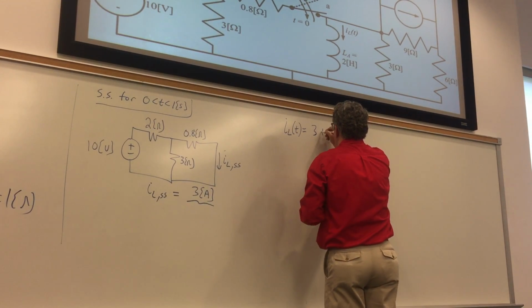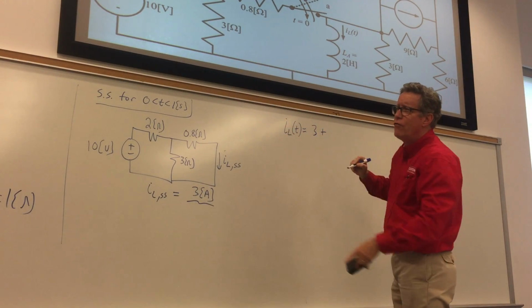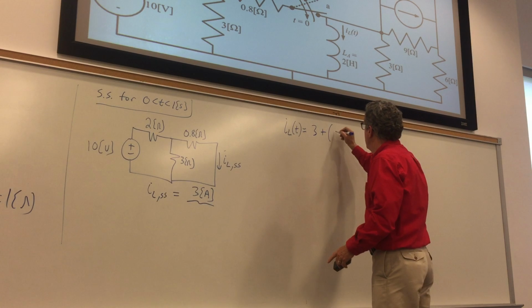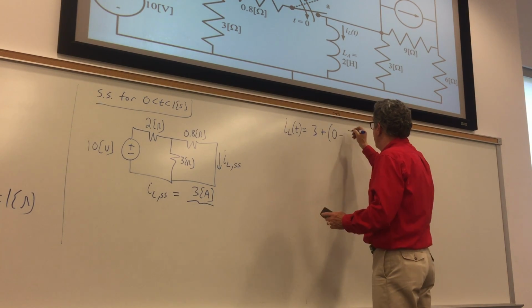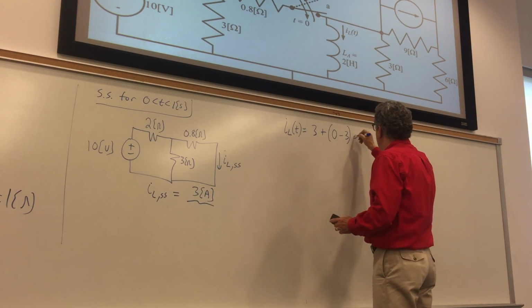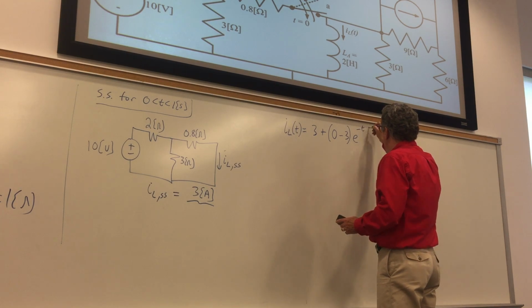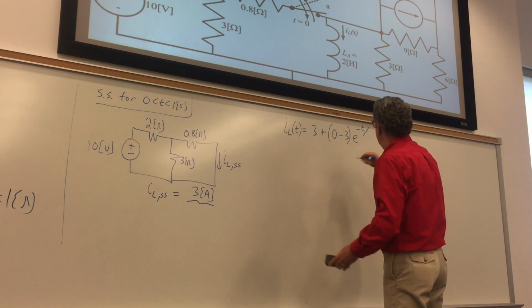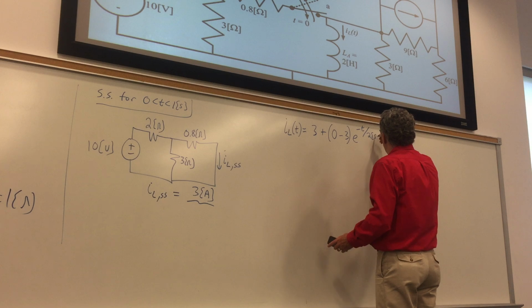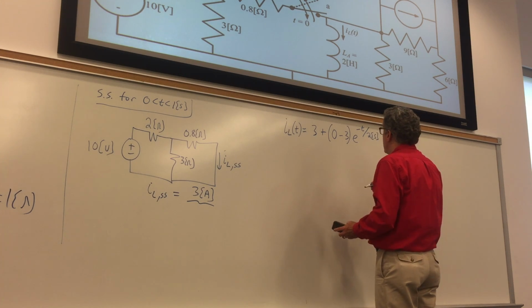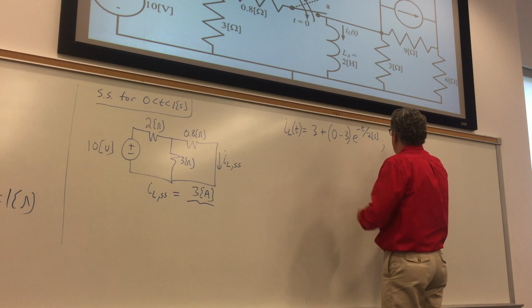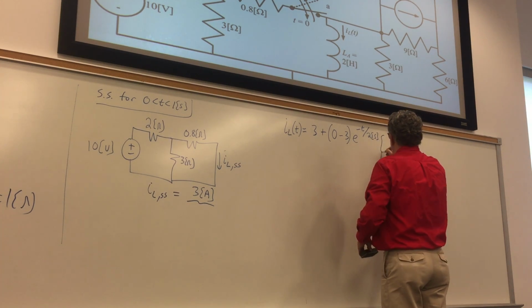Three plus the initial value minus the final value, e to the minus t over the time constant. Promises to put the units in.